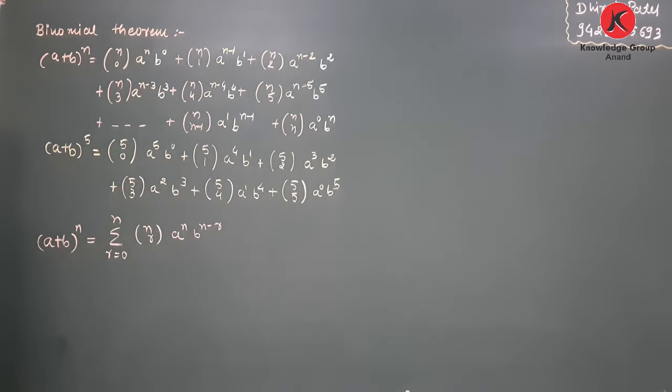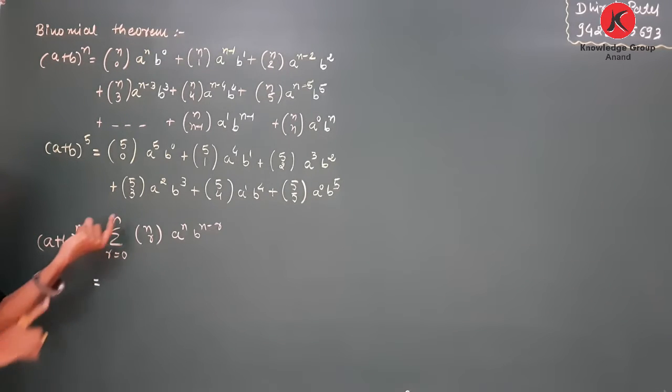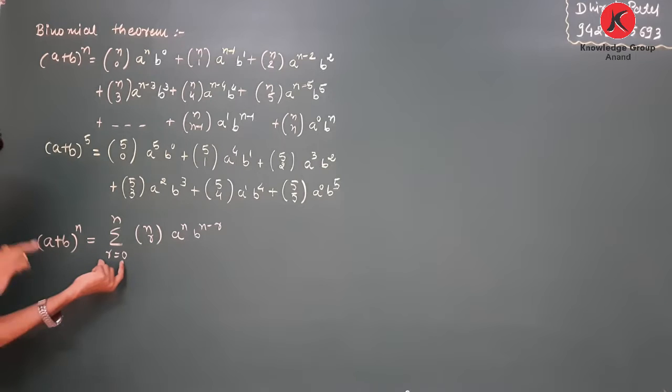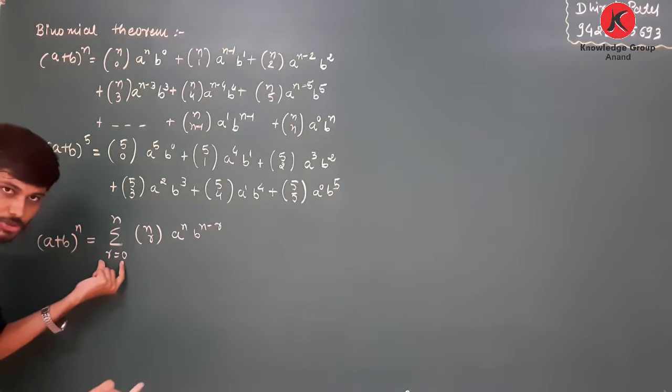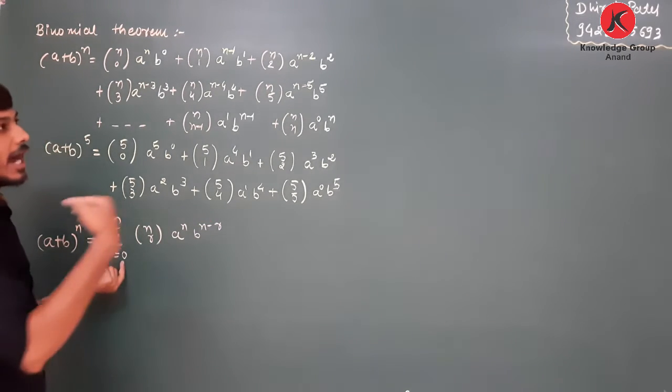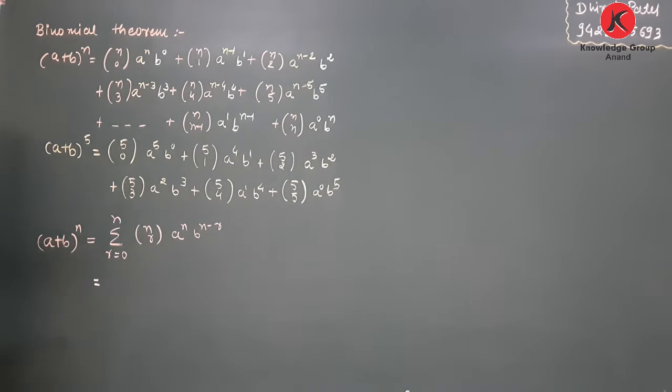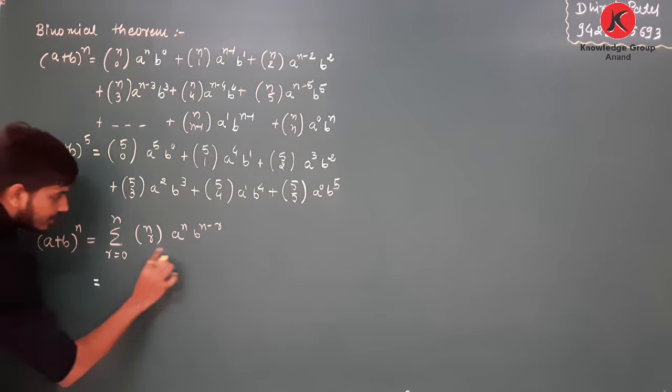Sigma, that means summation from r equals 0 to n, so we have to put the values r equals 0, 1, 2, 3 up to r equals n.